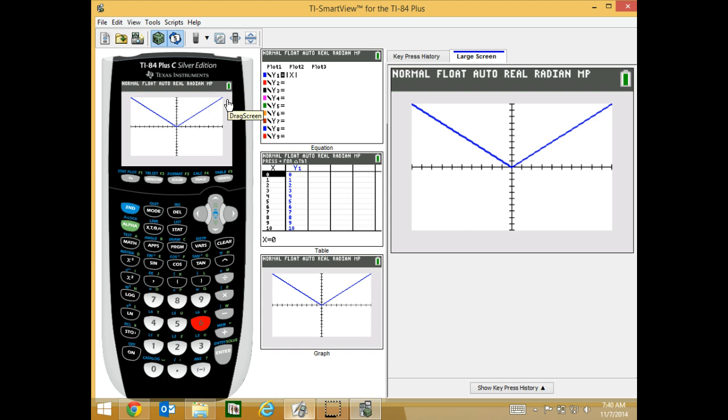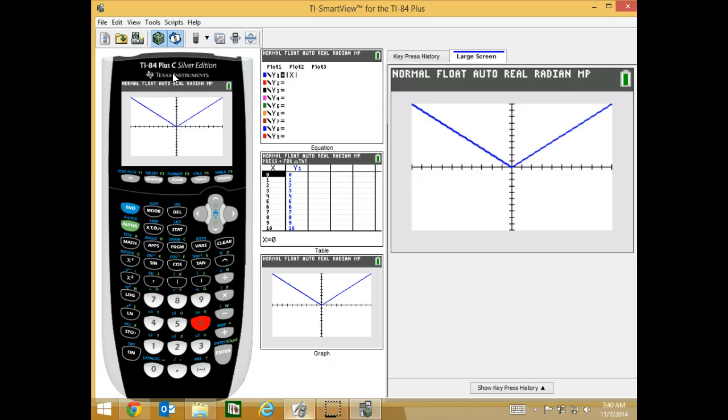And the range is a little bit different than it was for the lines because there is a bottom part of this graph, a bottom limit. Range deals with the y-coordinate, so the range going from bottom to top is 0 to infinity. And that range is what's going to be different with these absolute value functions.